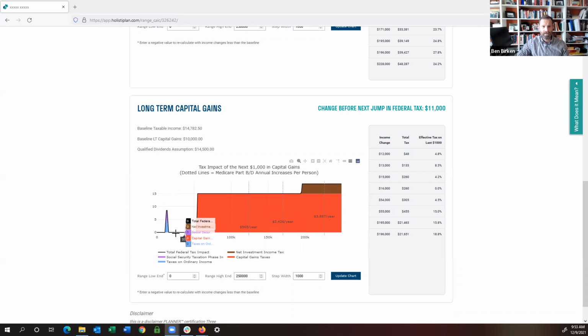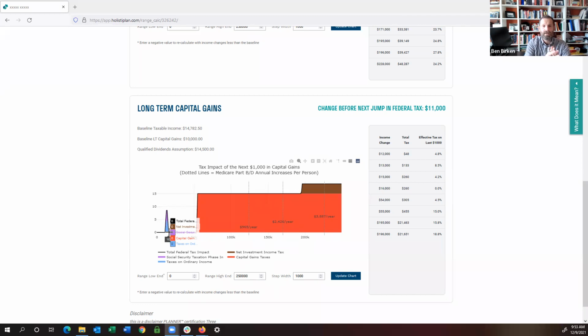One thing to keep in mind, though, is the calculation for taxable Social Security doesn't make a distinction between ordinary income and long-term capital gains, right? It's all just income. It's all just AGI. So what you're seeing in this section right here is the impact that adding additional capital gains has, again, on your total tax picture. When you've added capital gains of about $11,500, $12,000, you start pushing Social Security into the bucket where it becomes taxable.